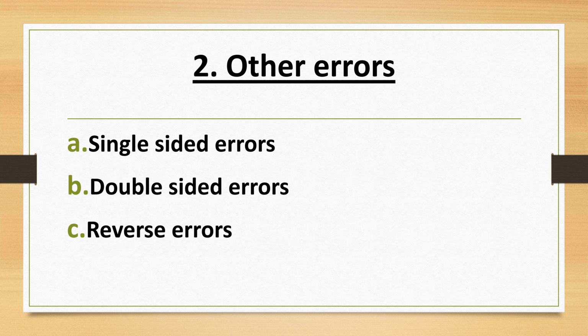The last category is other errors. Here it is classified into three categories. First one is single-sided errors. This is an error which affects only one side of the trial balance. Such types of errors are easily identifiable and can also be easily rectified. In the trial balance, both debit and credit should be tallied.